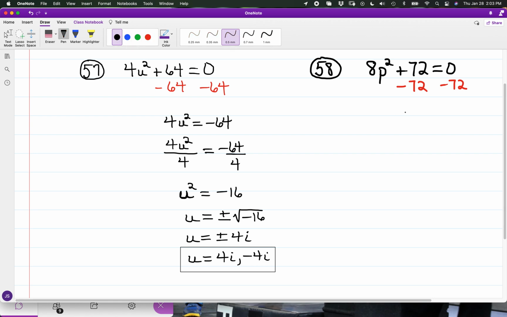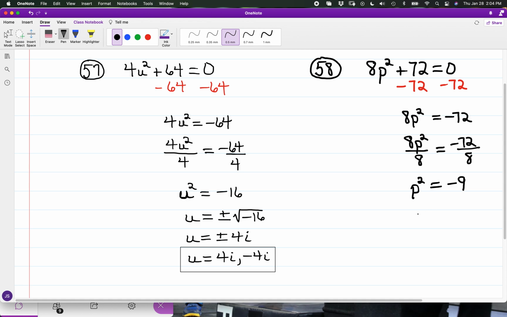And so we're going to have 8p squared is equal to negative 72. And with division by 8, you have that p squared is equal to negative 9.